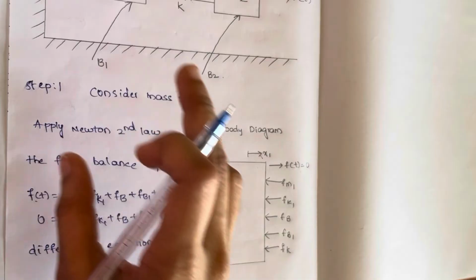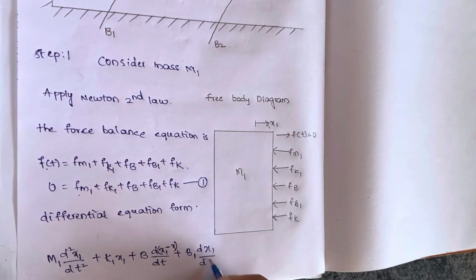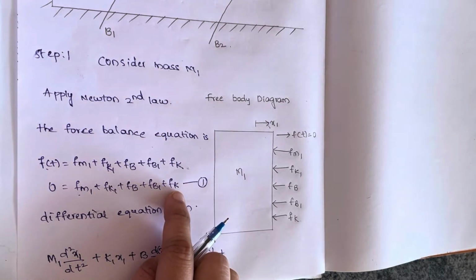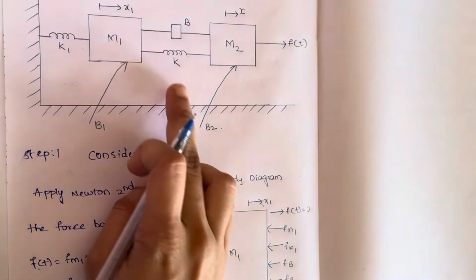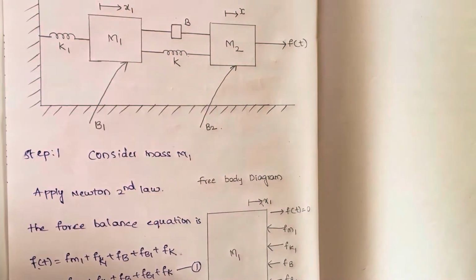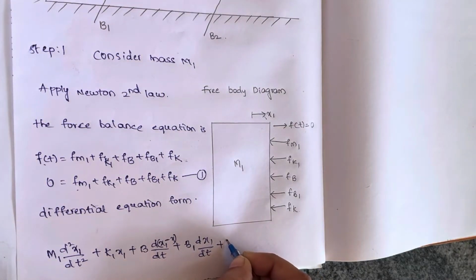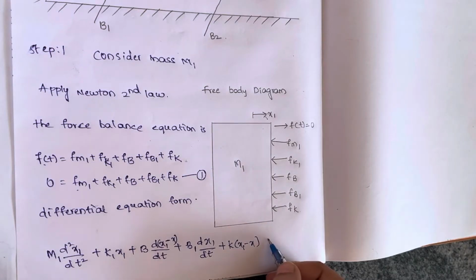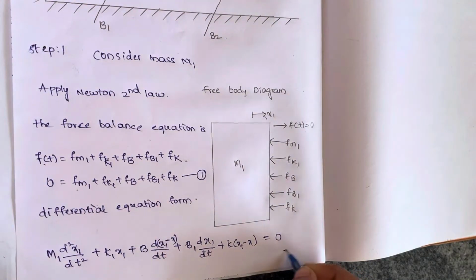So we need not consider m2. b1 into dx1 by dt, plus we have fk, which means spring. The k is lying between m1 and m2. When we are considering m1, we have to give preference to m1 itself. So now k into x1 minus x equals to 0. F of t value is 0. So this is the equation number 2.